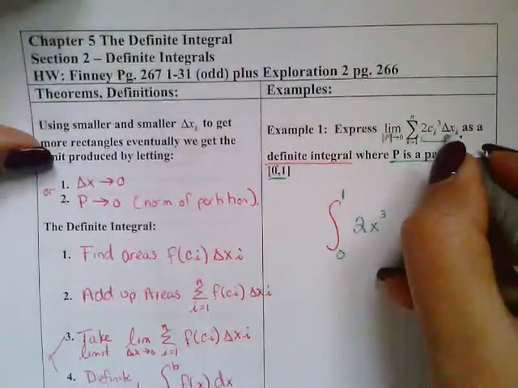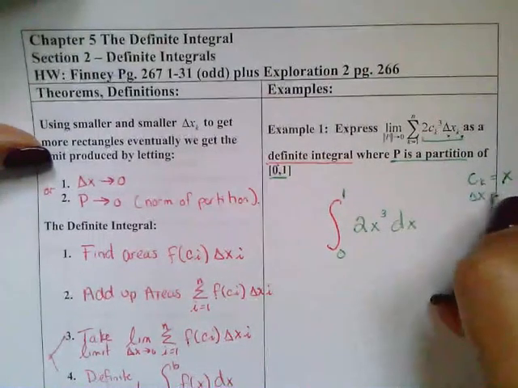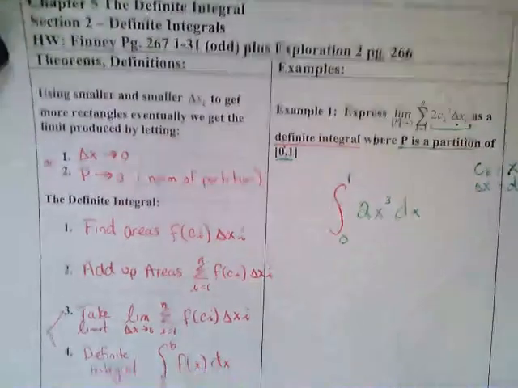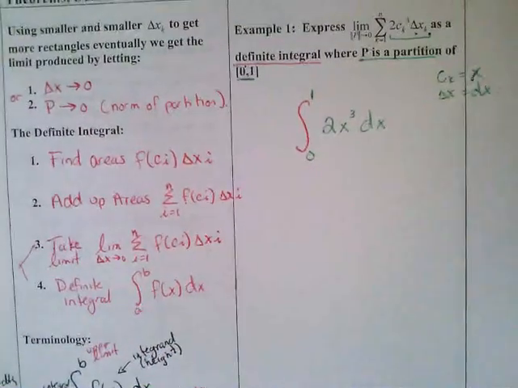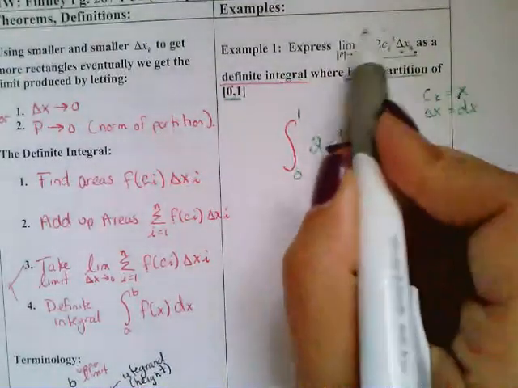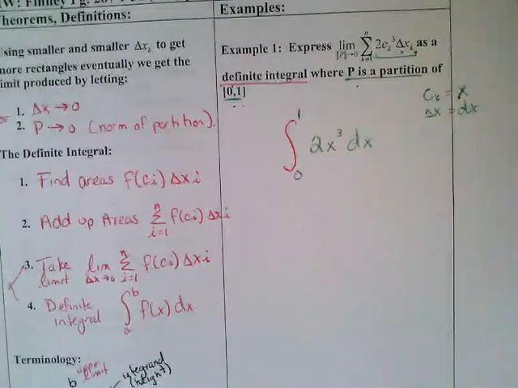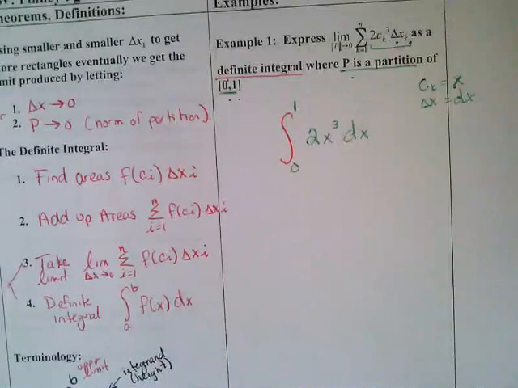So change of x is just going to be dx. And there we go. This is us expressing the Riemann sum, the limit of this weird looking function, as a definite integral from 0 to 1. Okay?